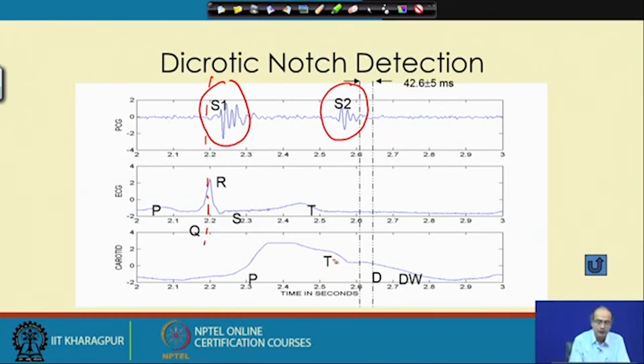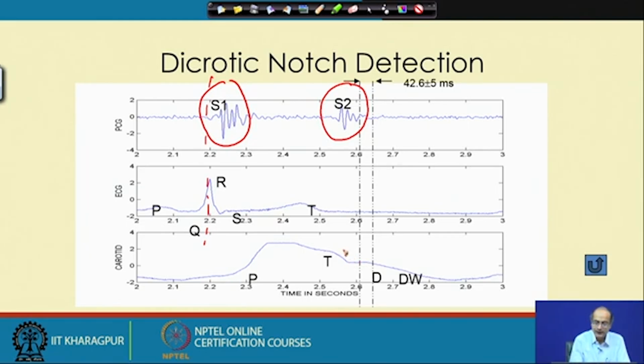Instead, we go for the carotid pulse, which also rises after the QRS complex. There is some delay for the pressure to be transmitted up to that point, and once the valve is closed, there is a sudden dip in the pressure. Again, as the valve is closed, the pressure cannot drop, it regains.